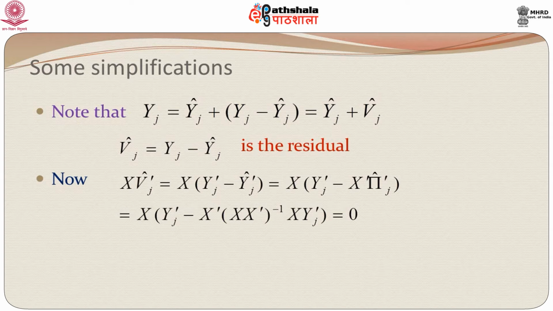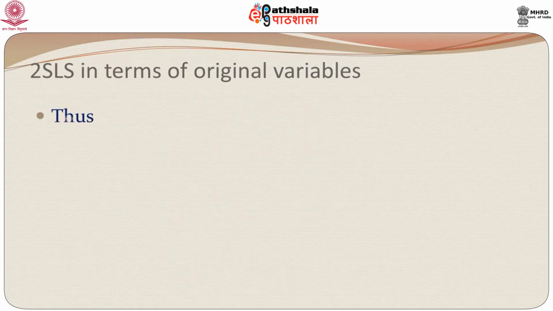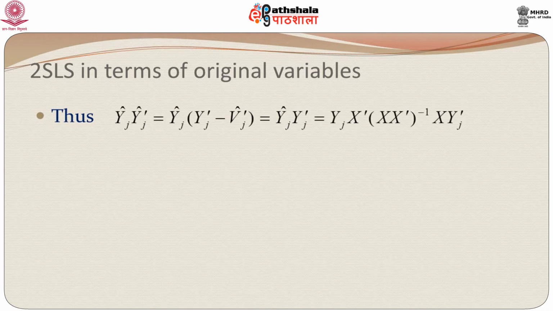This leads to some other results like yj hat vj hat. Now, mind you, yj hat is pi j hat x, and therefore, x being uncorrelated to vj hat, this is also going to be equal to 0. So, the 2SLS can in fact be written in terms of the original variables. How? Remember, the first term was yj hat prime.